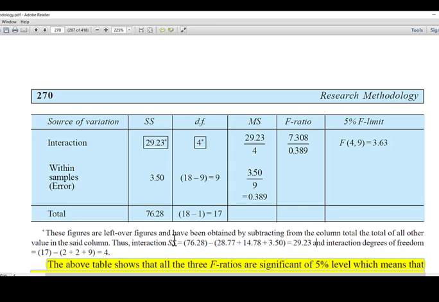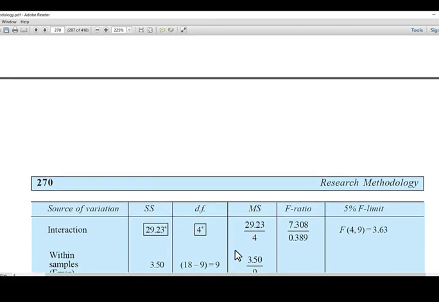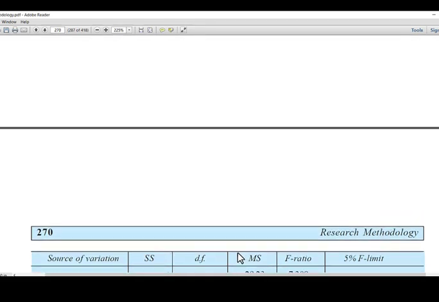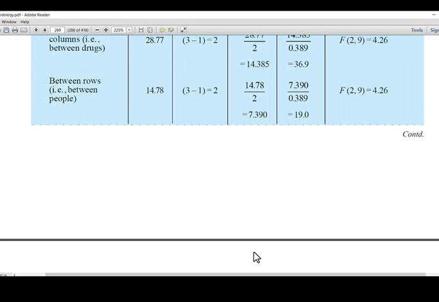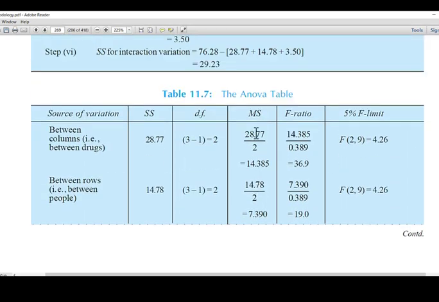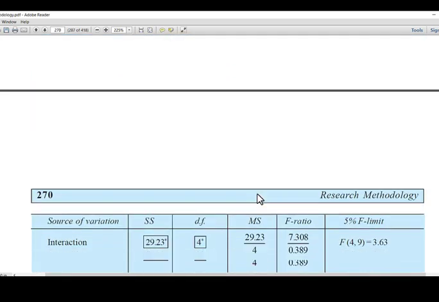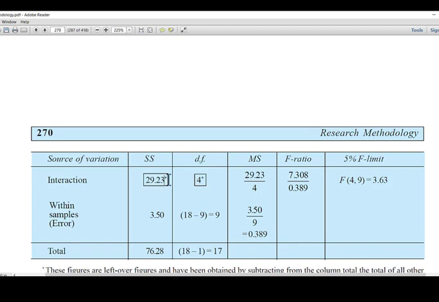Okay, and now coming to our MS values, and this is SS by degrees of freedom: 28.77 by 2, and here 14.78 by 2, and here 29.23 by 4, 3.5 by 9.